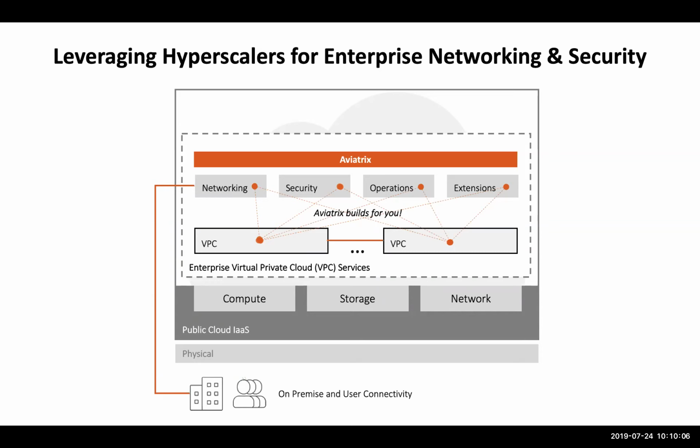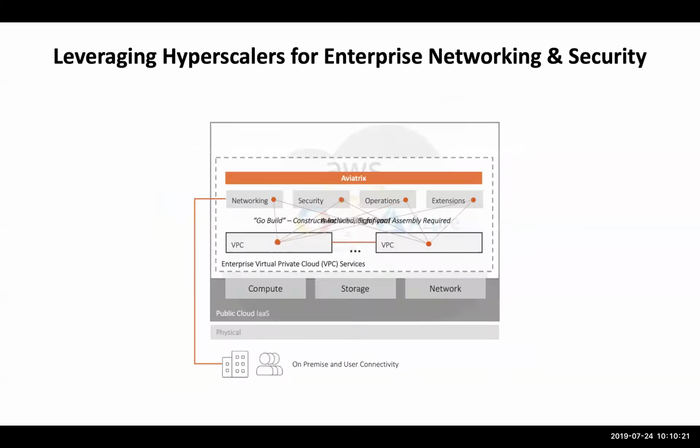And this is the same across all. I'm using AWS here as an example, but you have the same but different constructs in Google Cloud or in Azure, and Aviatrix will abstract that so that they look the same.